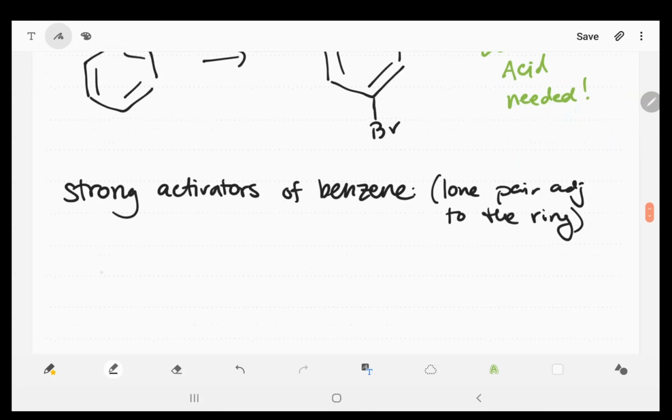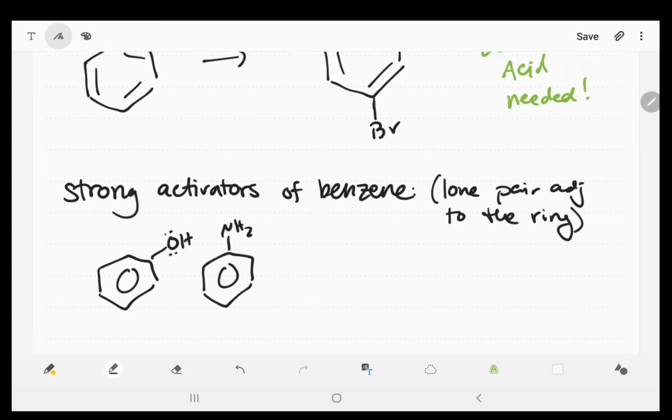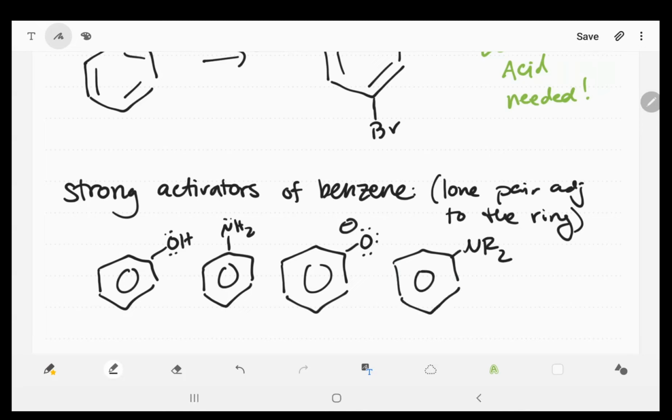For example, phenol, aniline, a phenoxide, any substituted aniline. All of these are going to be good activators of our benzene.